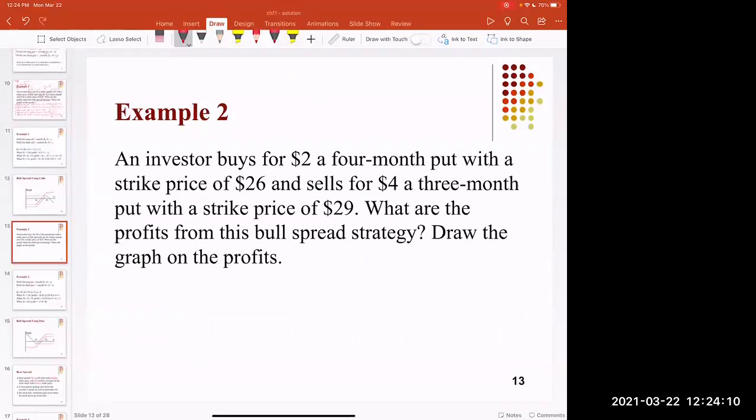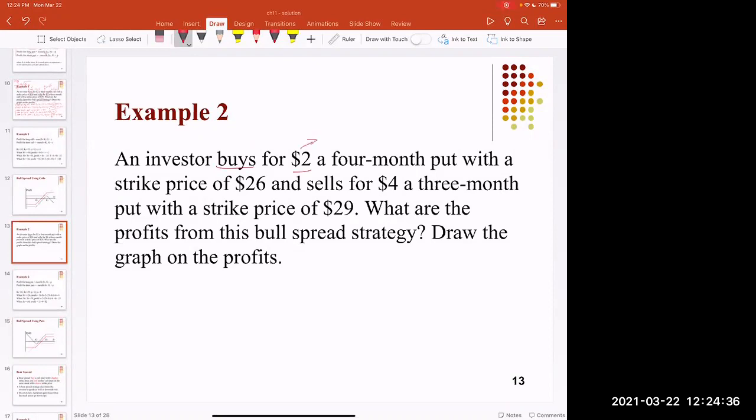Example 2 is about the bull spread using put. I would like you to try it a little bit, and then we talk about it together. Everybody please try. I'm going to ask a student to tell me what you got. The investor buys, so buy is long position, at $2.